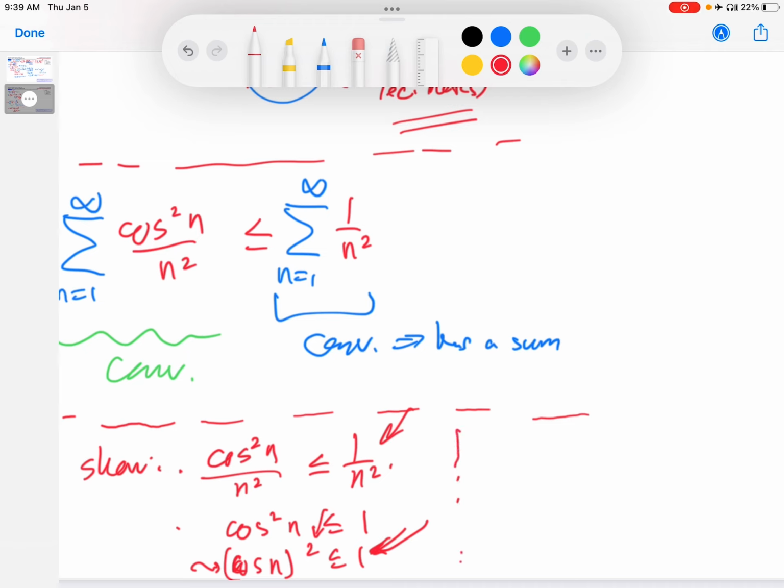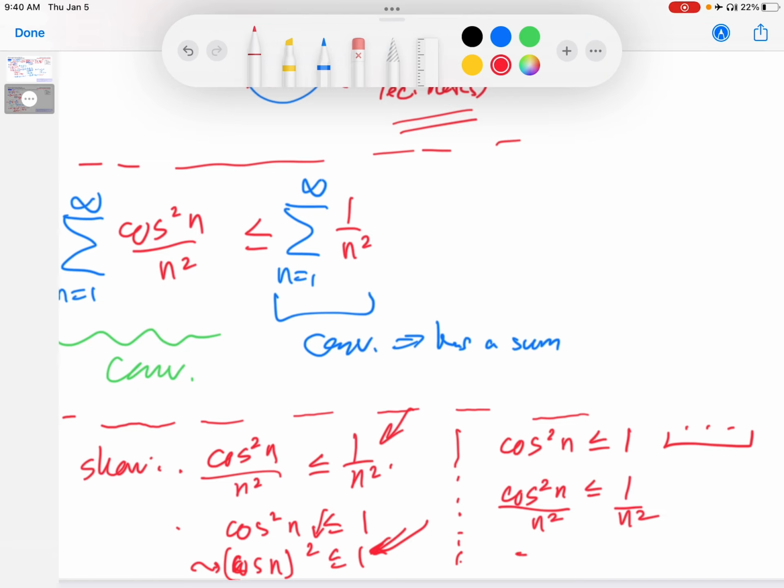So here is now the formal way to do this. You would start by saying, cosine squared n is less than or equal to 1. And insert here everything I just said, some version of the graph or some other argument for why this is true. And then I'm going to divide both sides of this inequality by n squared. Okay, that doesn't change the inequality. Again, I'm not dividing by anything negative.